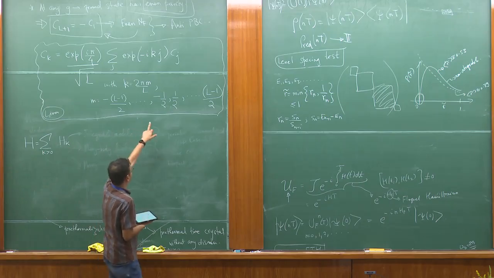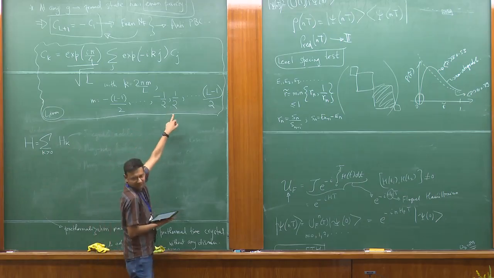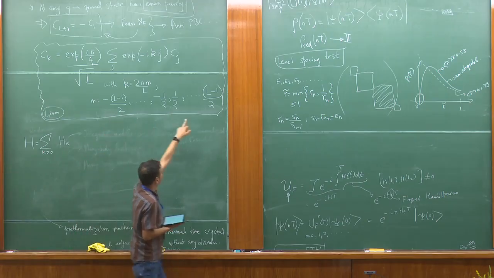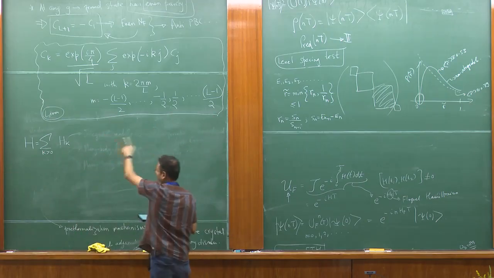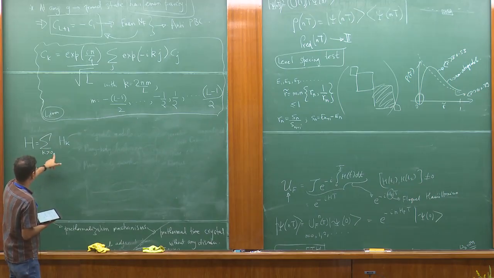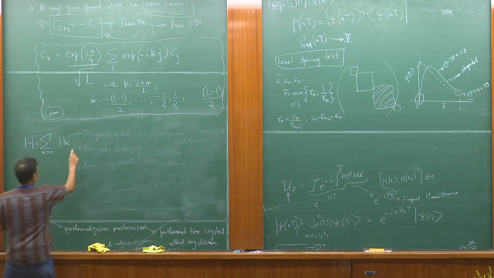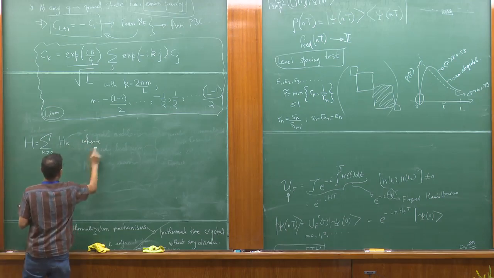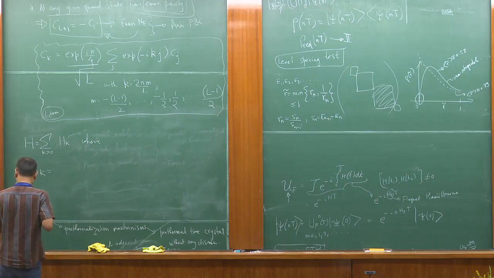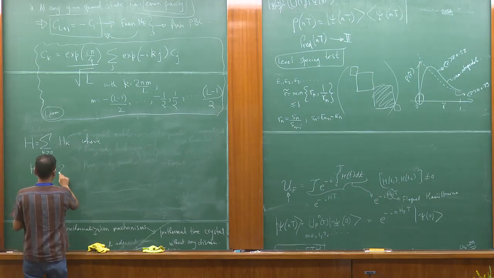For example, for minus half, there is half, and similarly for minus (L minus 1) by 2, there is (L minus 1) by 2, right? So there is a unique k and a minus k here. So I can write the thing just by summing over k greater than 0, like this, where this h of k looks like this.